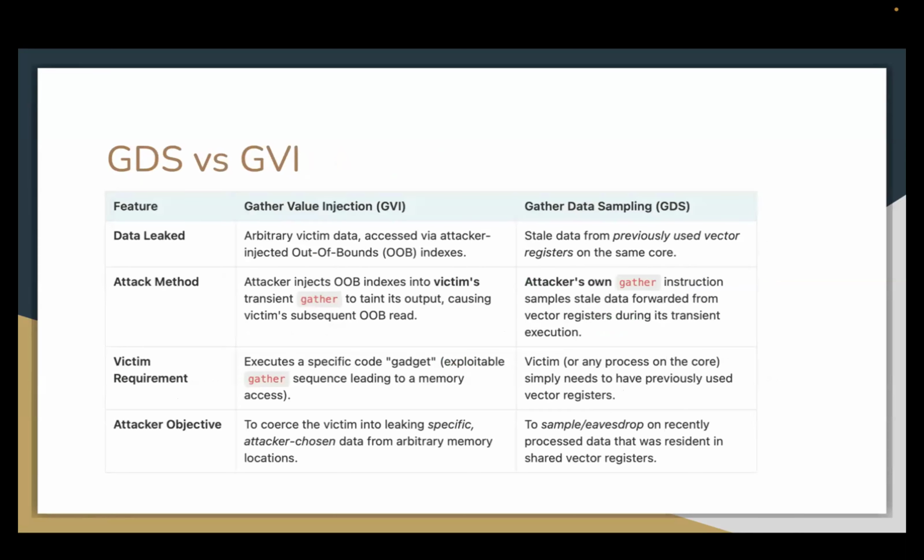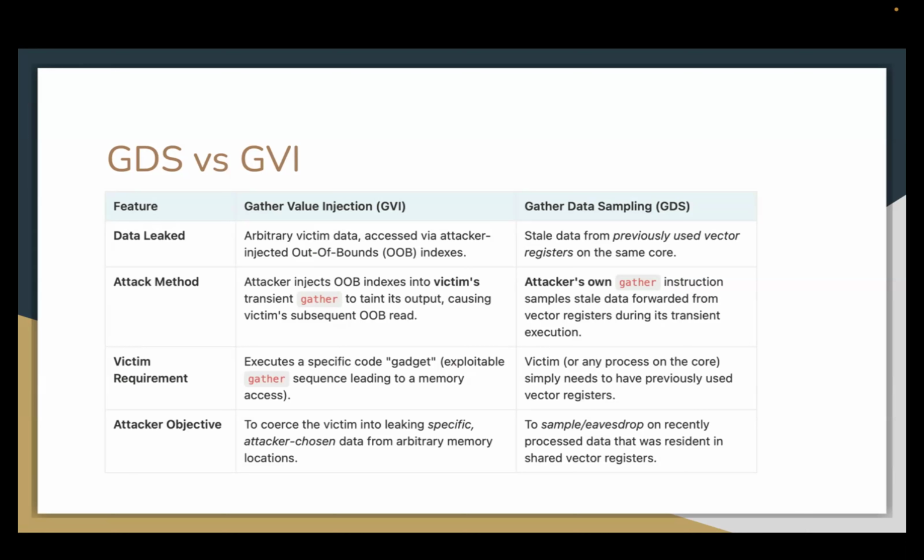And here is the difference between the GDS attack and the GVI attack. For the gather value injection attack, the attacker does not need to run the gather instructions. Instead, the victim needs to run the gather instructions. But for GDS, the attacker will run these gather instructions to steal the data from the victim.